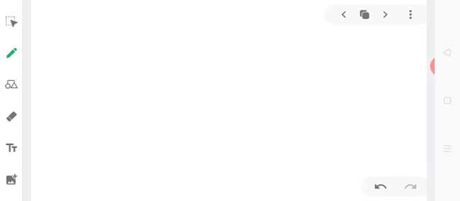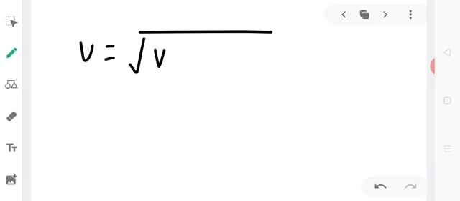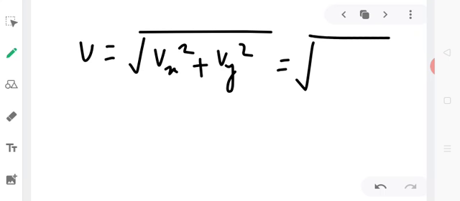The resultant velocity v will be equal to root over vx square plus vy square, that is equal to root over u square plus g square t square.